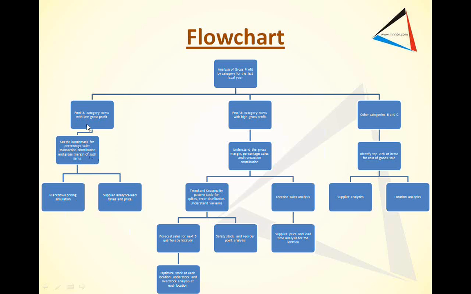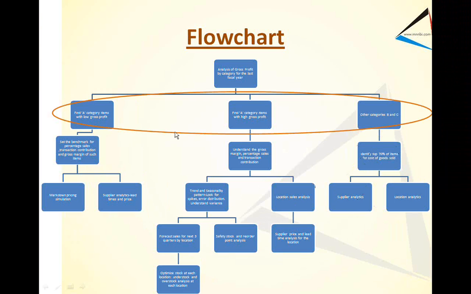Look at markdown pricing for A category items which have a low gross profit. For high gross profit, we look at the gross margin, percentage sales and sales transaction distribution. Look at trend and seasonality, look at forecasting, and then look at optimizing the stock. And for B and C, we look at the top 70% items for cost of goods sold, then look at supplier analytics, location analytics.